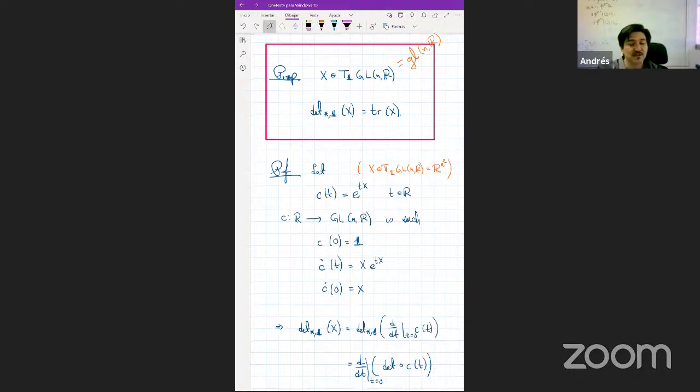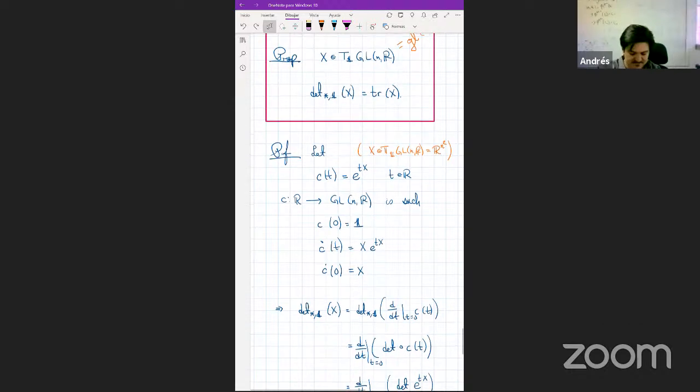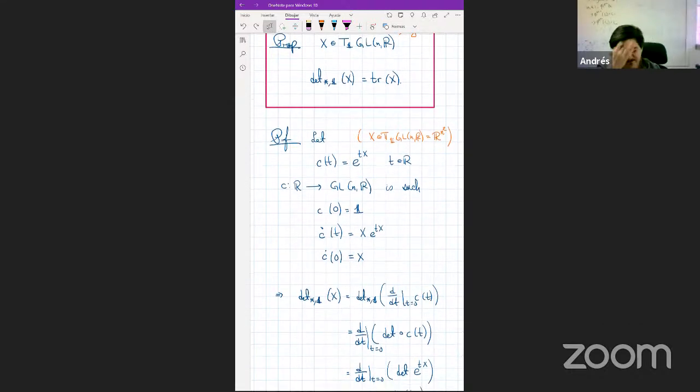It is e to the tX. So I have it like this, right? Now, what do I do next?